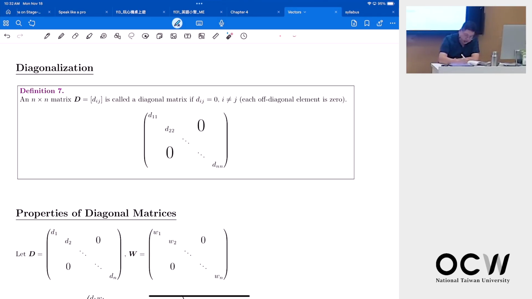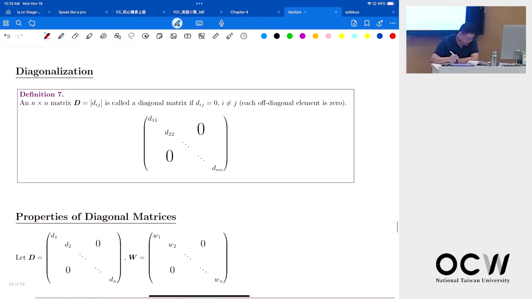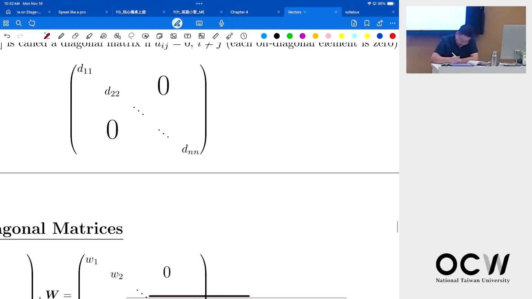Here we call this diagonal part the main diagonal elements.